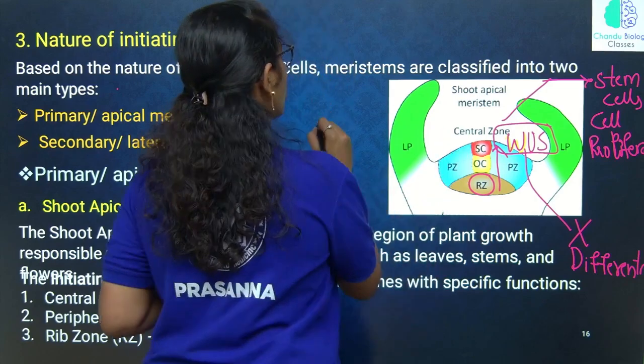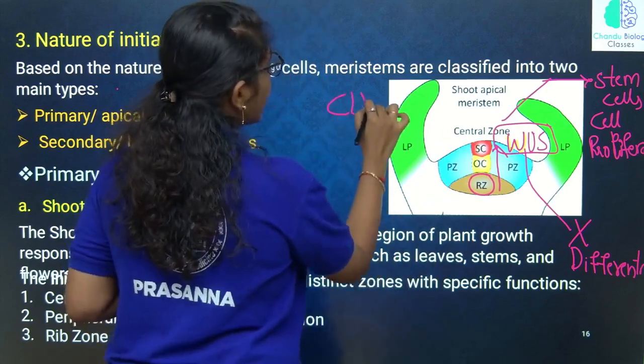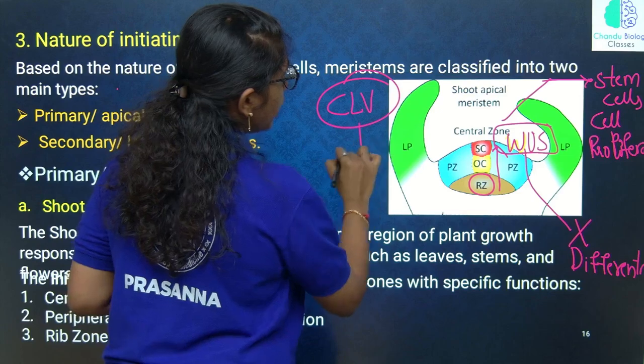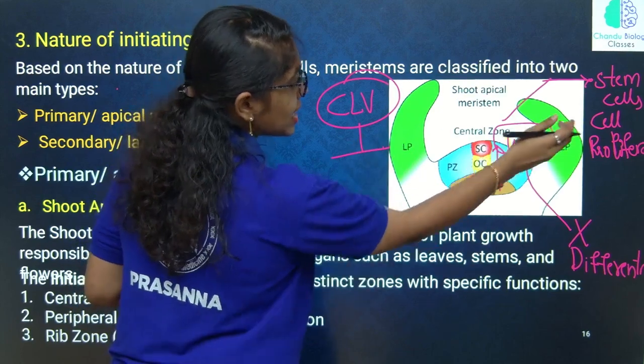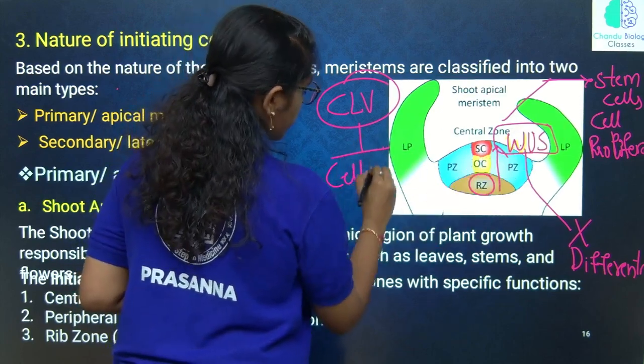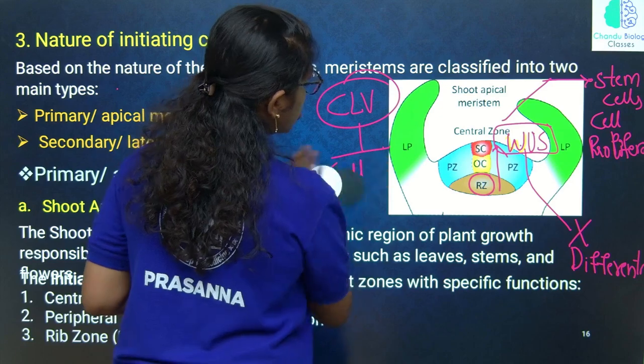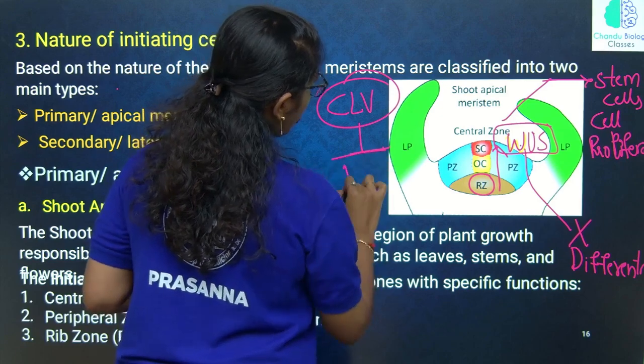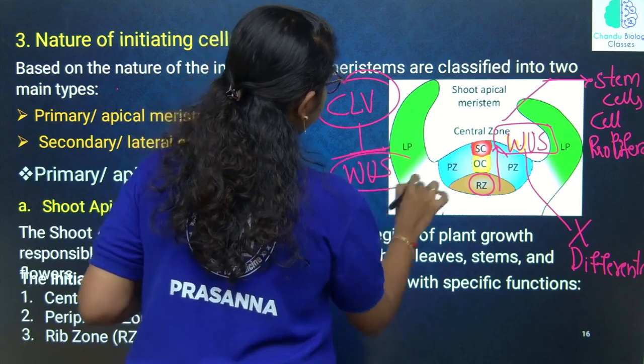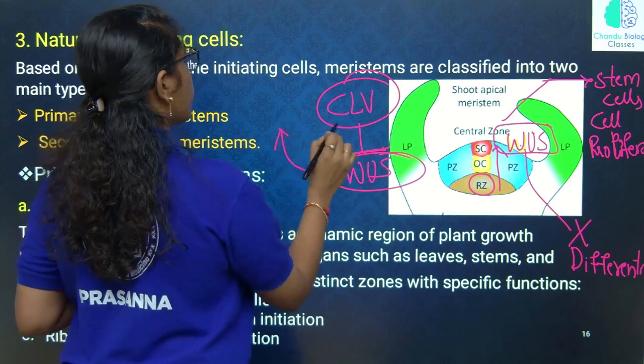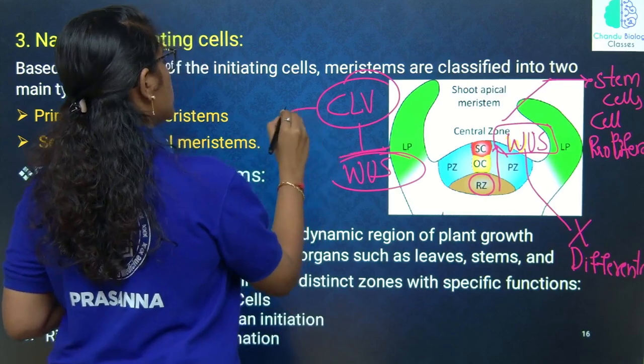And there is one more set of genes called Clavata genes. These genes inhibit the Wuschel genes in cell proliferation, and they promote differentiation.